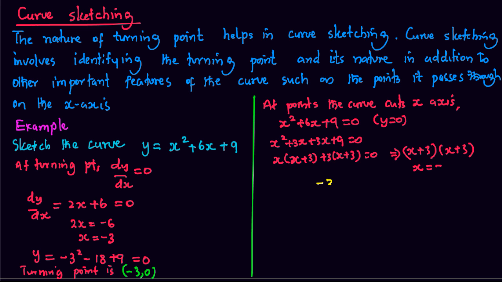When x is -3, take a point to the left and a point to the right, -4. We substitute these points into the gradient function.